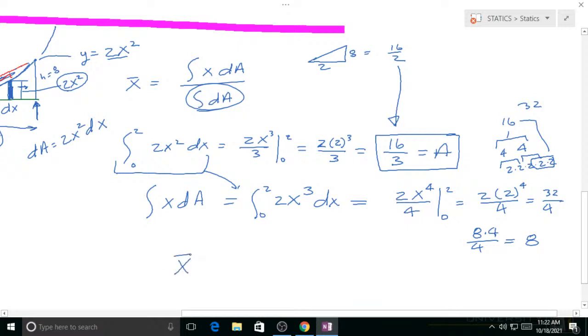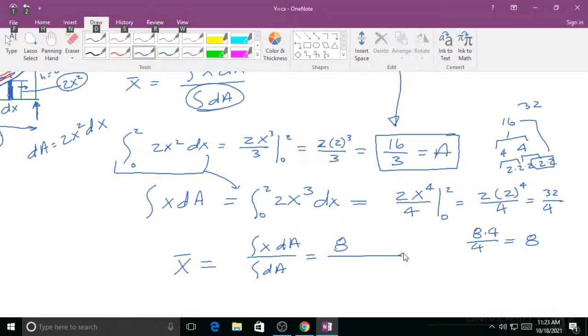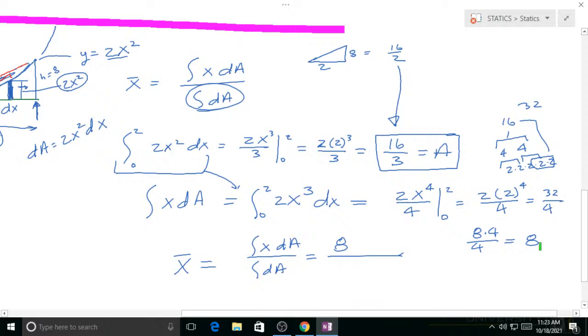So now x bar, which is that over that, just gives me 8 over this other number. I hope I did that right. So the numbers I got are this one, and then this one.